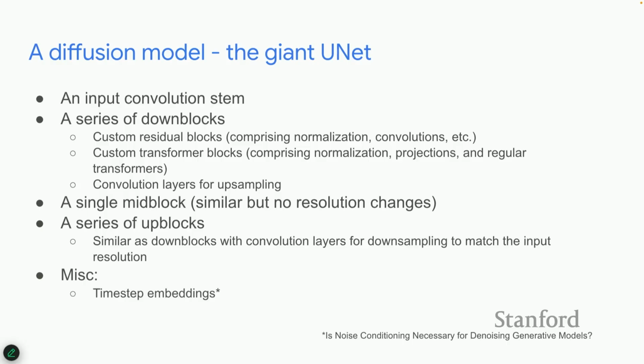For example, time step embeddings, how you should embed your time steps, and additional embeddings. For example, if it's a class conditional model, the way to embed them would be different. If it's a text to image model, the way to embed the text embeddings would be different. Basically, the way you modulate all your conditional embeddings will change depending on the kind of conditions that you are dealing with.